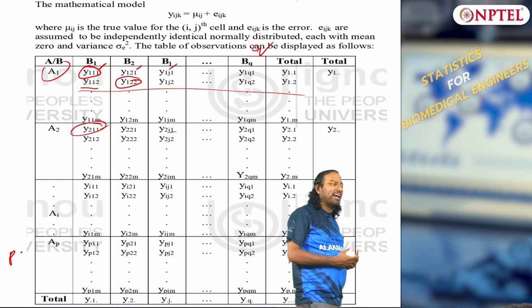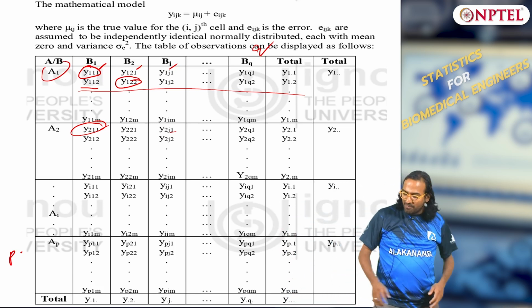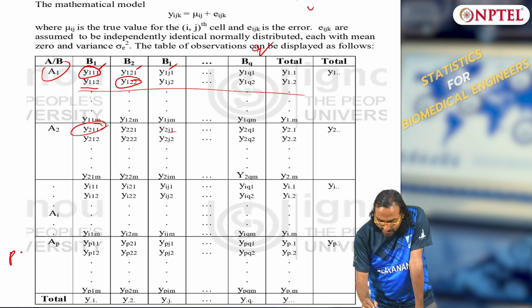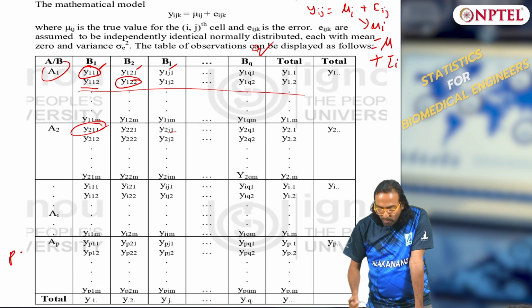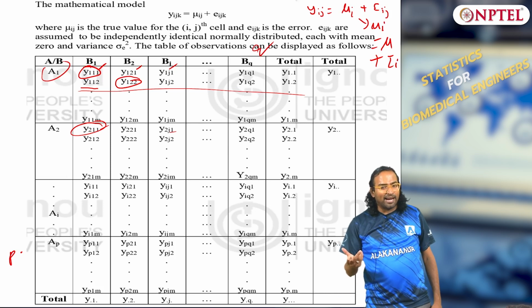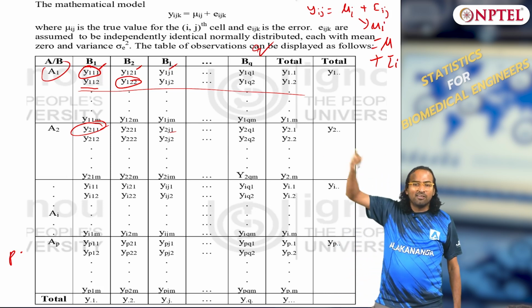Remember in one-way ANOVA, what do I write? Yij equals mu plus tau i plus epsilon ij, where mu i is nothing but mu plus tau i. I did not index by j as a factor. Why? Because I do not think of the column as a factor in that ANOVA.